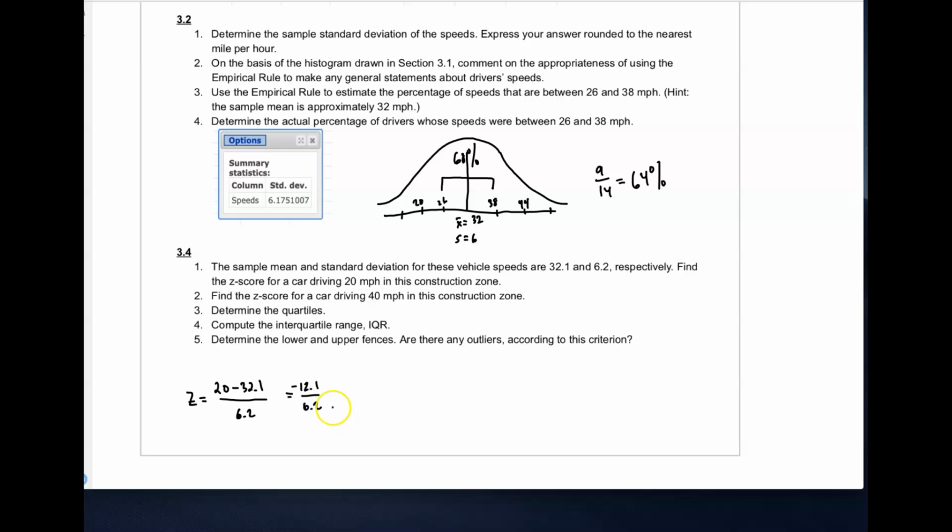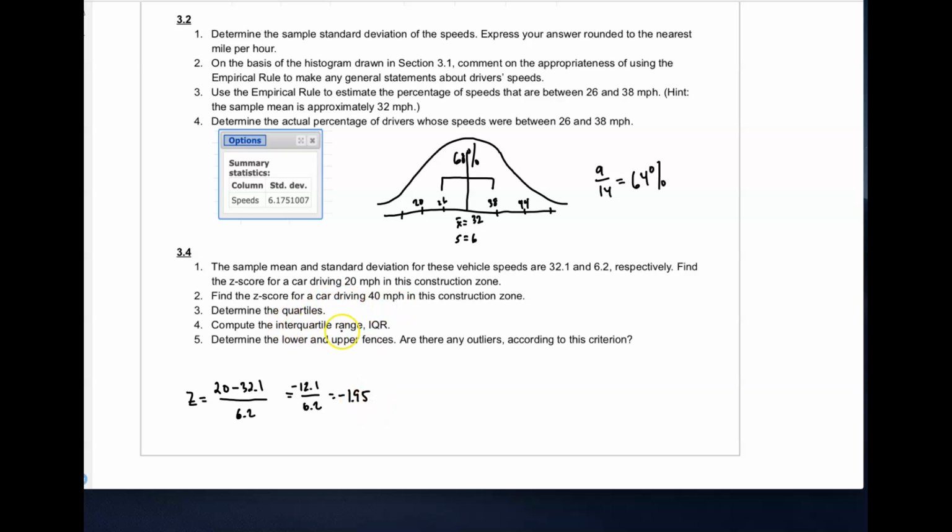It's measured in standard deviations. That number that we get here is negative 1.95. You're almost 2 standard deviations below average if your score is 20. Negative 1.95 standard deviations below average.